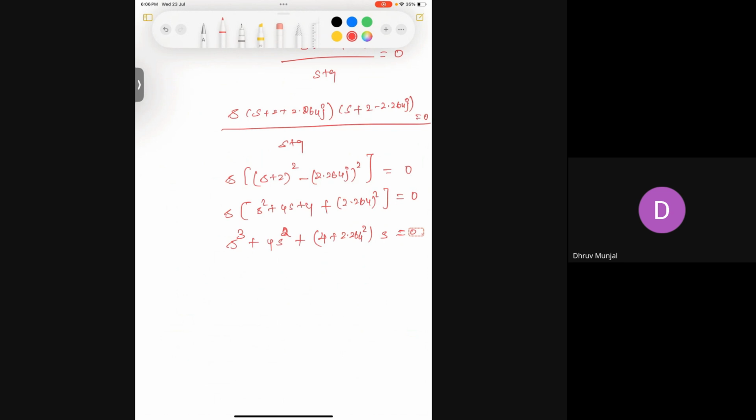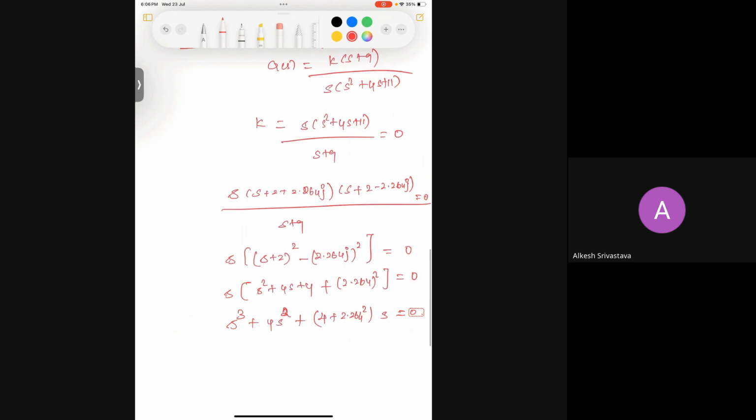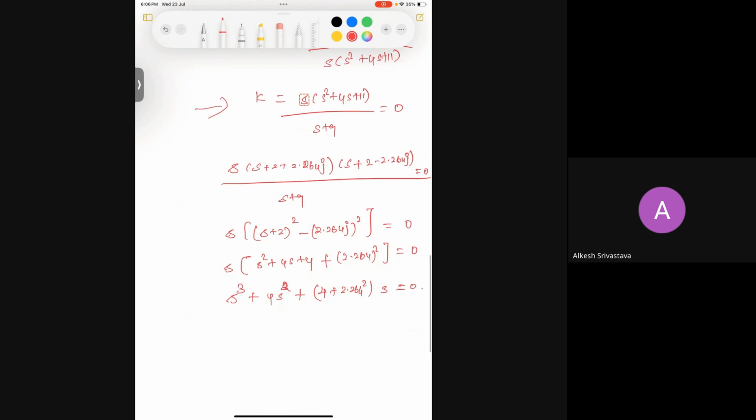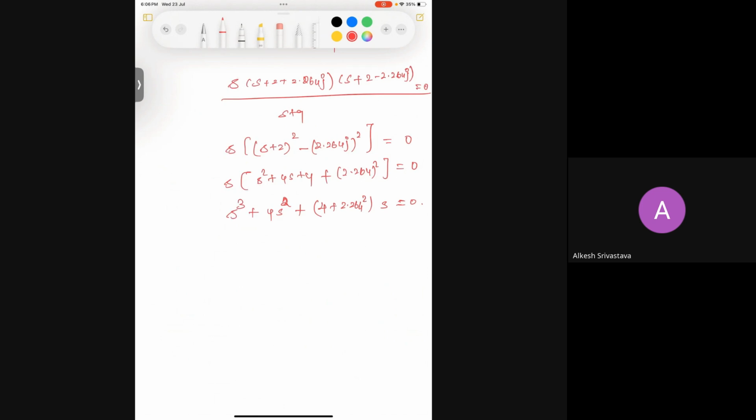Since I don't have time, I'm going to. Ma'am, it will be 4s plus 2.264 whole square s, right? Which point, which one after this? No, no, ma'am, you are right. You are right. So I'm going to use some online calculator. If you can solve it in a calculator and tell me, it will be helpful.